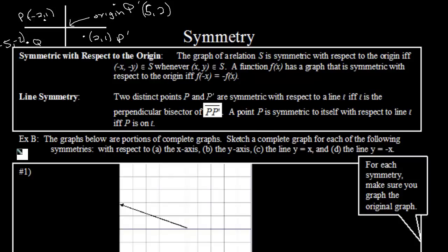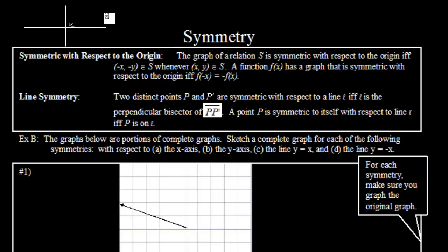Next we have line symmetry. Two distinct points, P and P prime, are symmetric with respect to a line L if and only if L is the perpendicular bisector of P, P prime. A point P is symmetric to itself with respect to line L if and only if P is on L. So let's check this out.